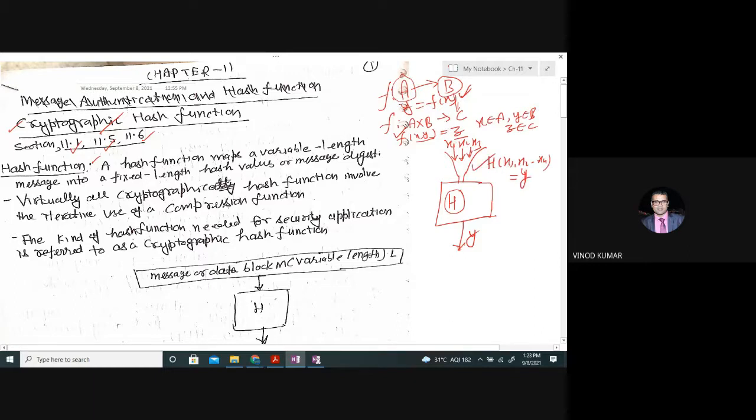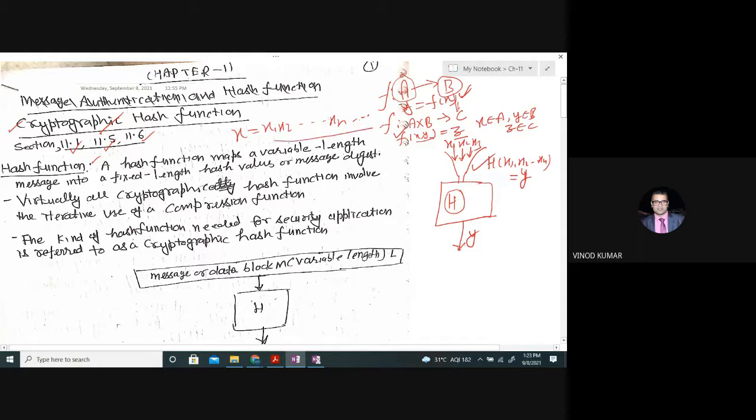So here x is the bit length of a message, the length of the string. You see right here, the concept is x equals x1, x2 up to xn. This is the variable length of the string.